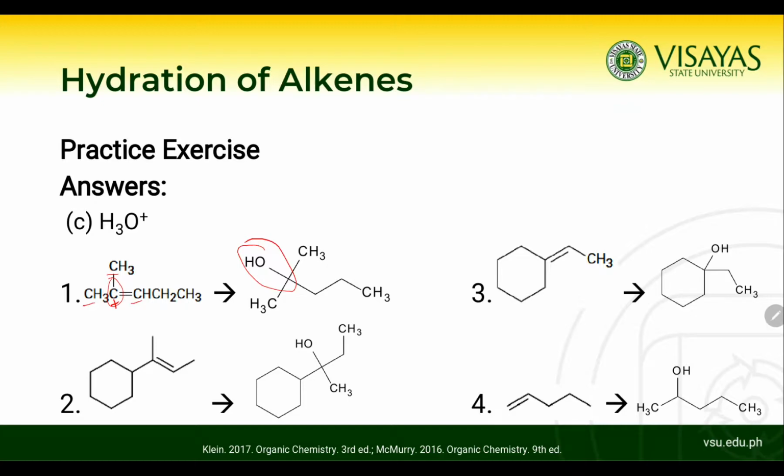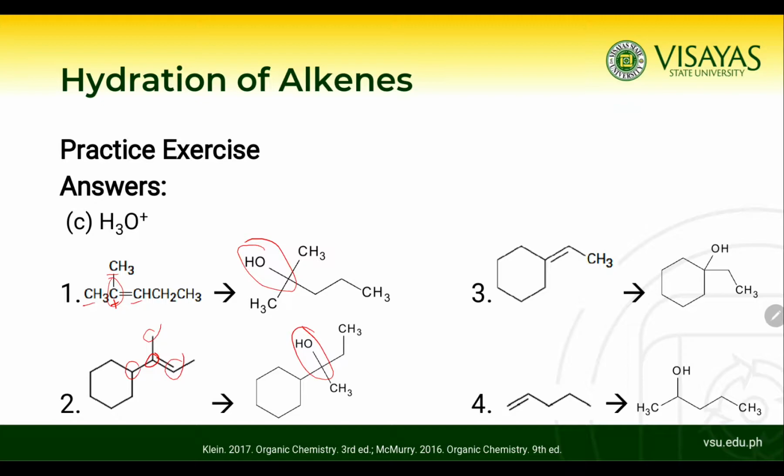For number 2, again, we form the carbocation intermediate in the first step, and the carbon that will bear the positive charge is the carbon here, no? And that carbon is already tertiary. We have 1, 2, 3 carbon atoms bonded. So that means to say the hydroxyl will just attach there, no?